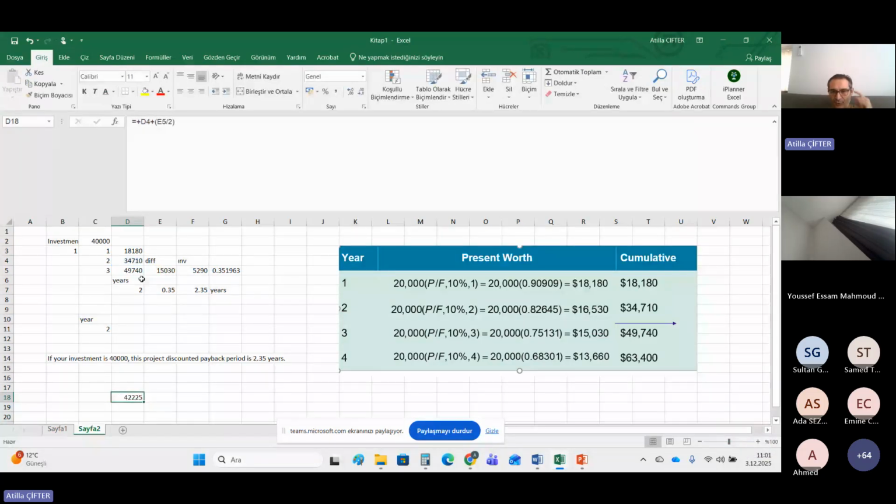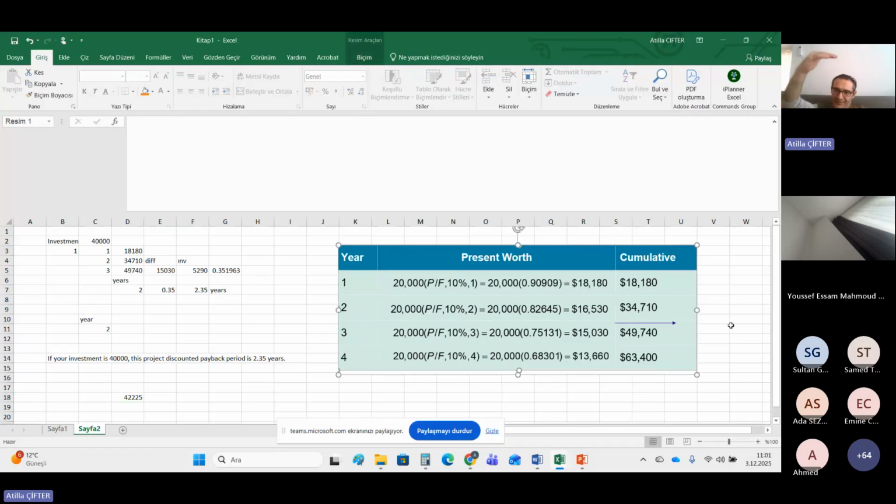So if your investment value is 42,225, then the discounted payback period is just equal to 2.5 years, because you take the second year and the middle of 2 and 3 is just equal to 42,225. Okay. Yes, another question?